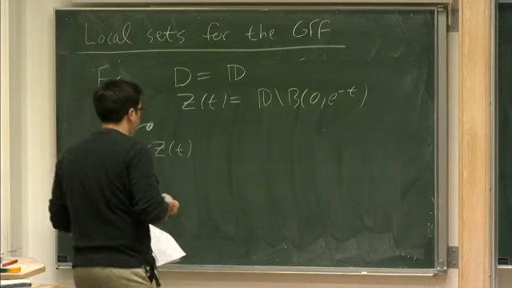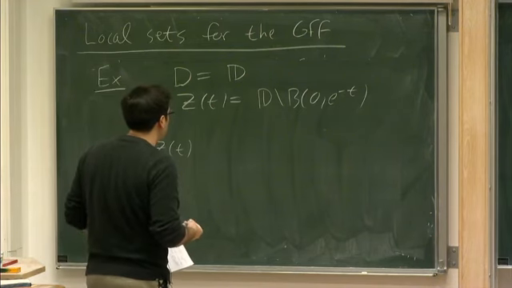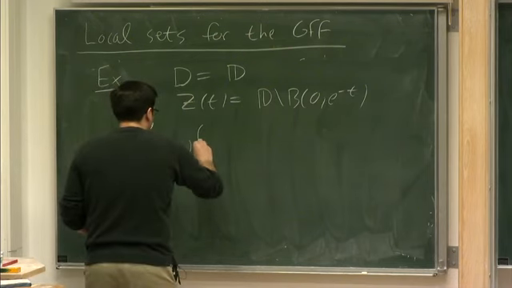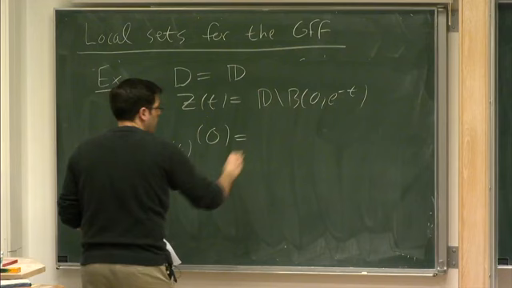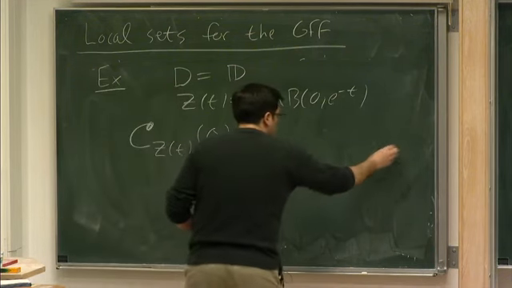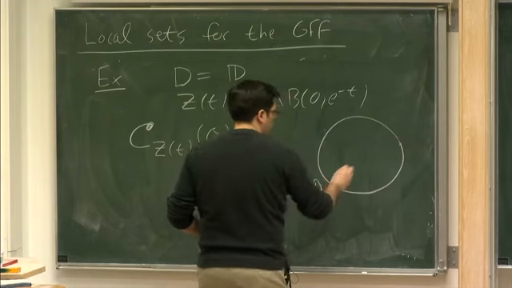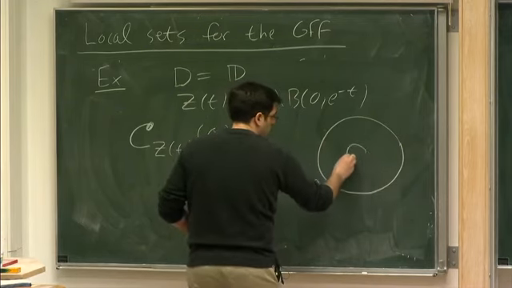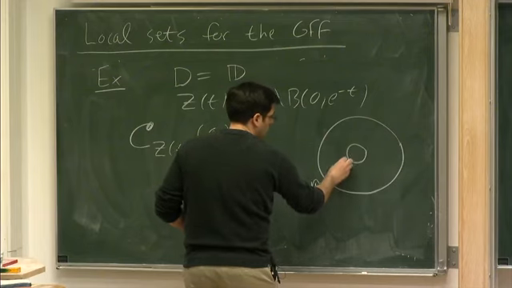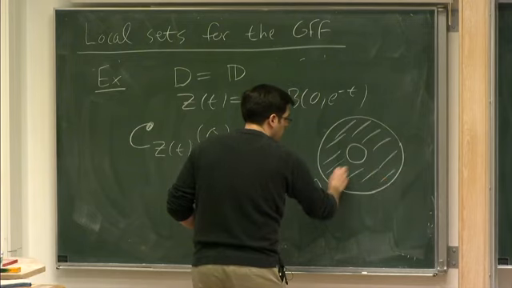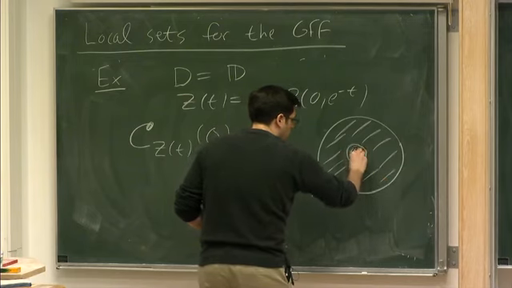the conditional expectation of the Gaussian free field, given its values on this set, at the point 0, let me draw a picture over here. So here's the unit disk, and we're looking at the Gaussian free field given its values in the complement of the ball of radius e to the minus t.